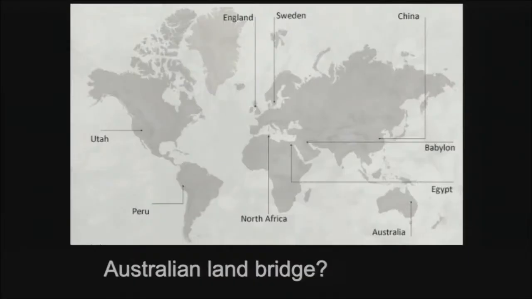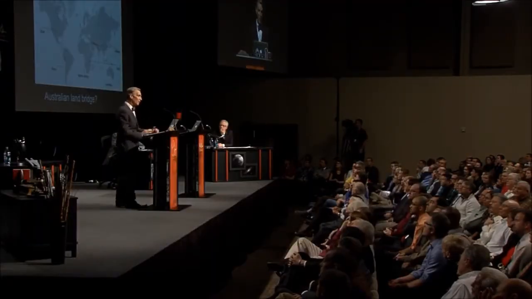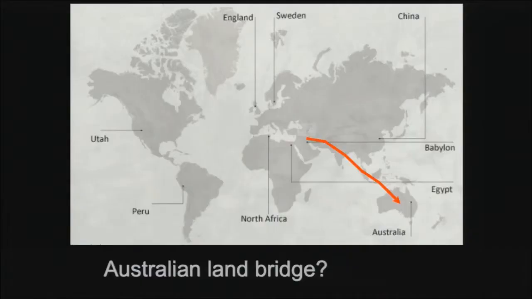Now, one of the extraordinary claims associated with Mr. Ham's worldview is that this giant boat, a very large wooden ship, went aground safely on a mountain in the Middle East. And so places like Australia are populated by animals who somehow managed to get from the Middle East all the way to Australia in the last 4,000 years.